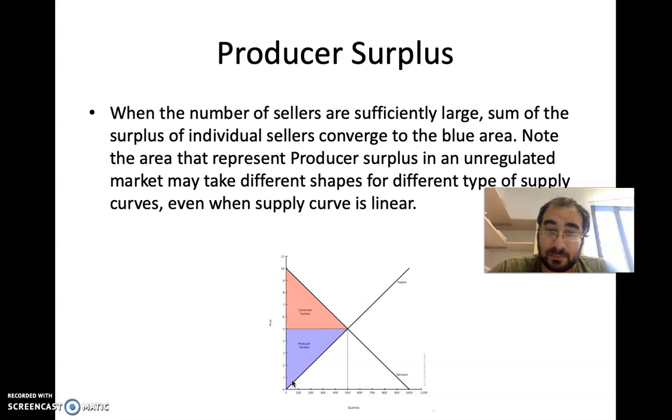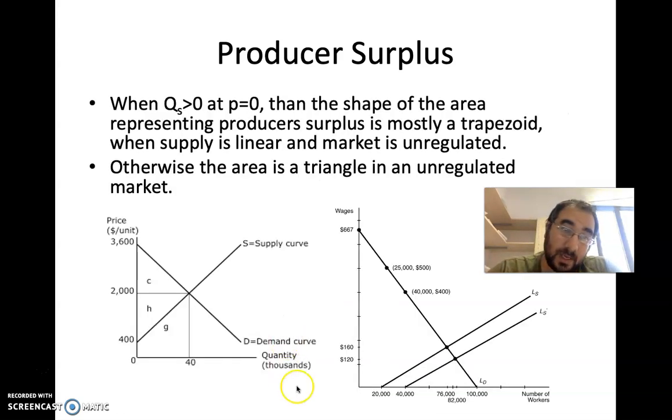Well, we have actually two different cases. We should mention that. In one case, the supply curve first intersects with the y-axis. This is the case like the one you see here.